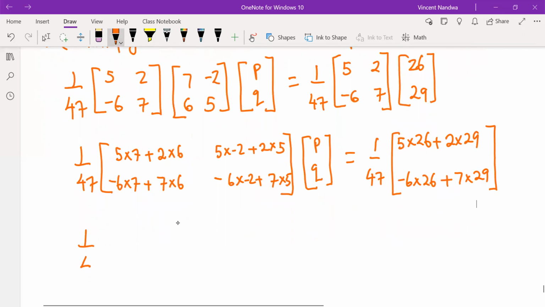Now I have 1/47 into, so 5 times 7 plus 2 by 6 is 47. 5 by minus 2 plus 2 by 5, I get 0. Minus 6 by 7 plus 7 by 6, I get 0. Minus 6 by minus 2 plus 7 times 5, I get 47.